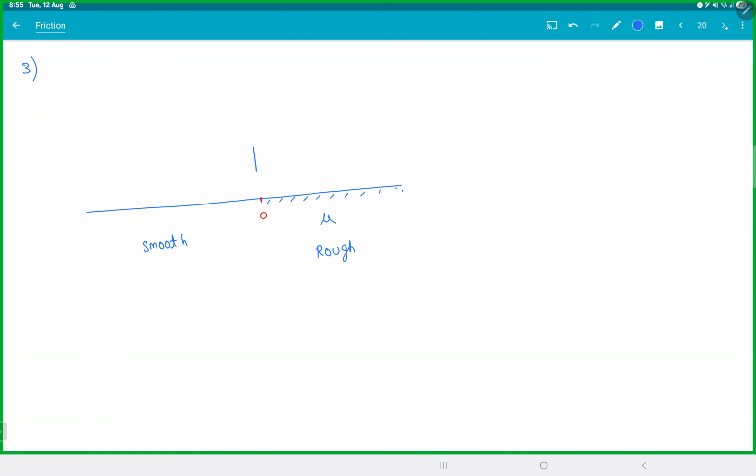So you kept a block here of mass M and length L. And you give speed U to this block. So initially the block is on the smooth surface. Right? And after O, it becomes rough.